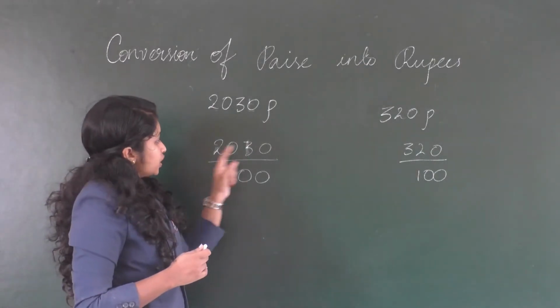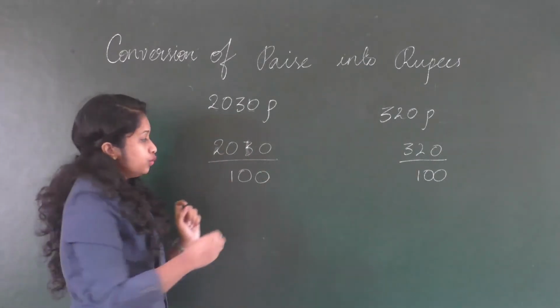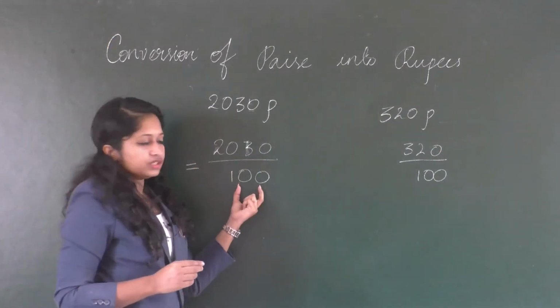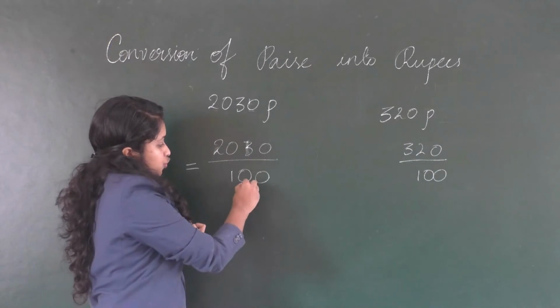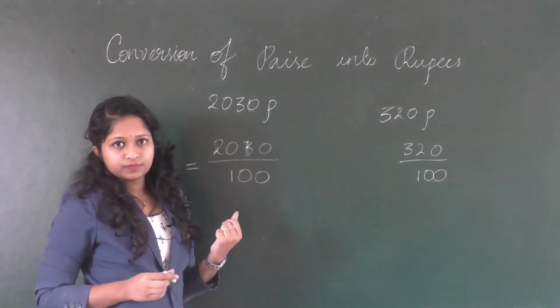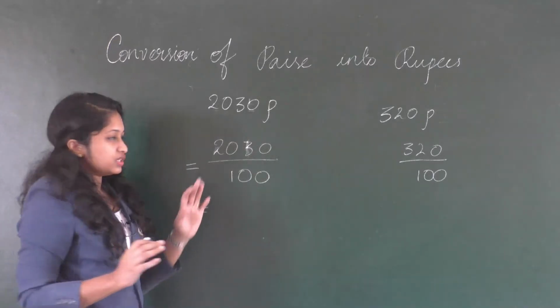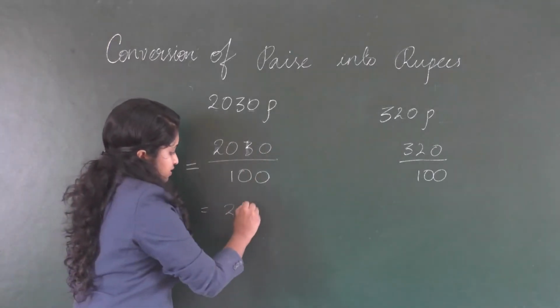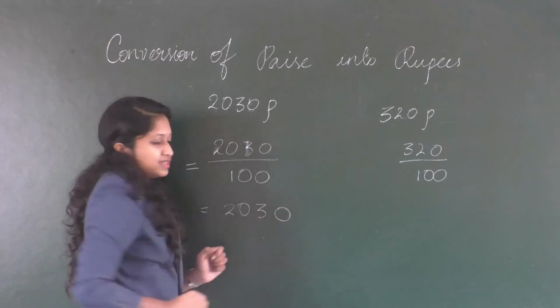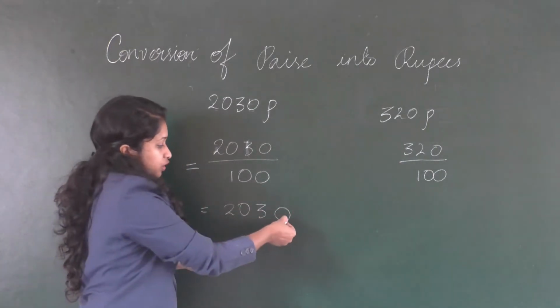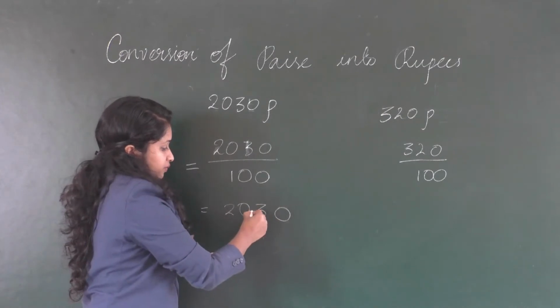So 2030 by 100. Now how to do this? Here you see we have 2 zeros, isn't it? So first write the given number as it is here, and since there are 2 zeros, put a point after 2 digits from this side.